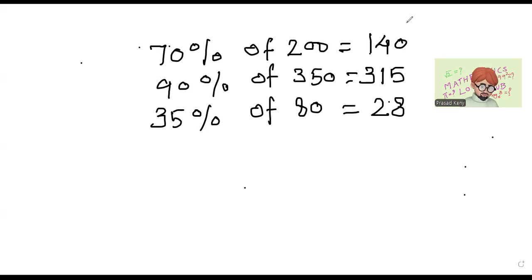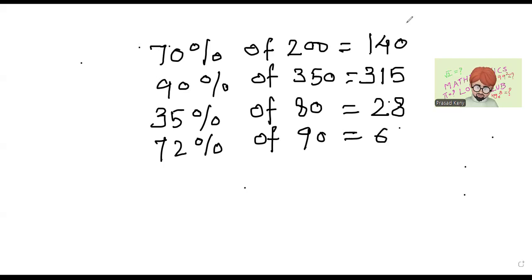Okay, take one more problem here. 72% of 90. Okay, so you should get 64.8.